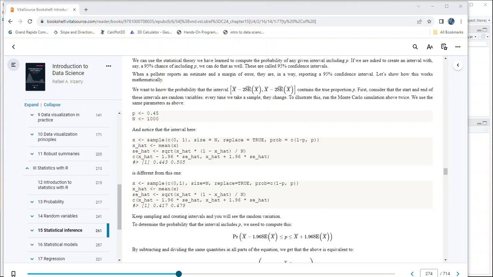Okay, so let's go ahead and see if we can run this simulation. So the first thing that we have to do is load our P and our N. P is 45%, and we'll do this 1,000 times. So let's load those numbers first.